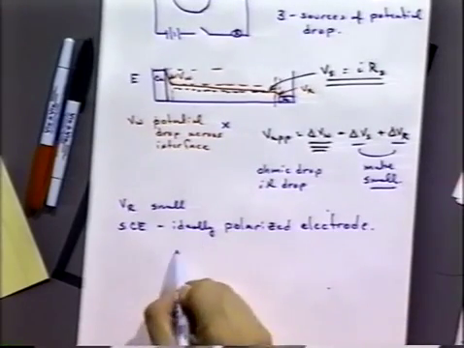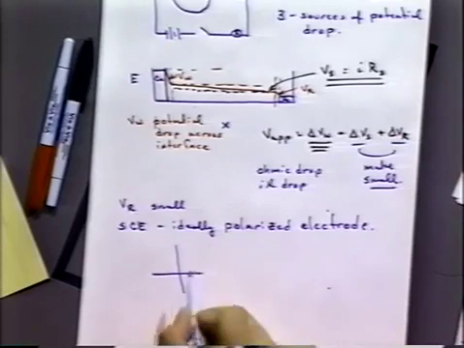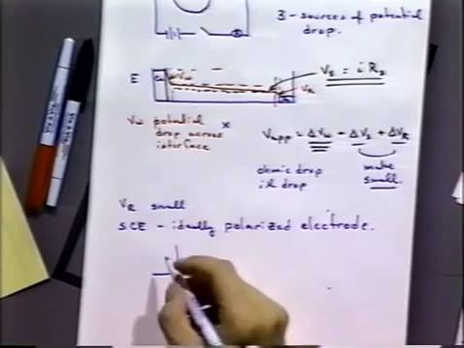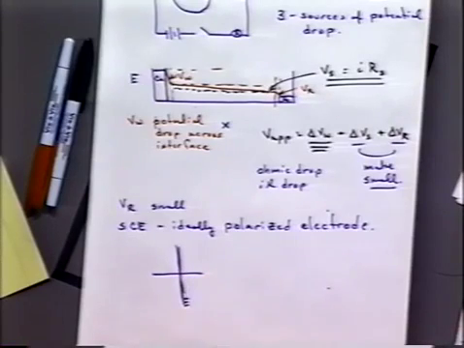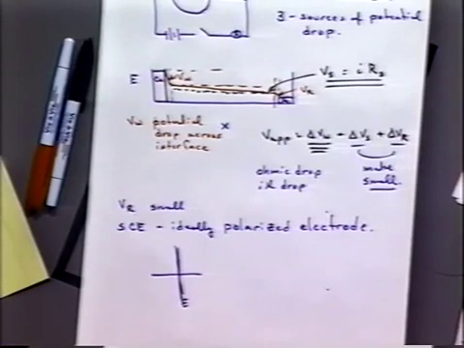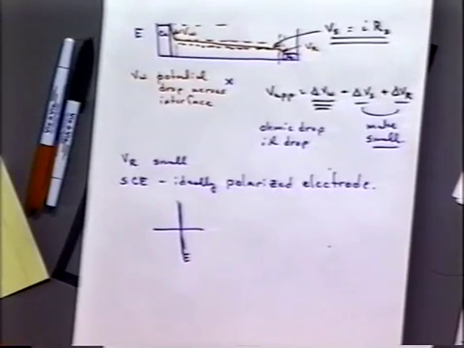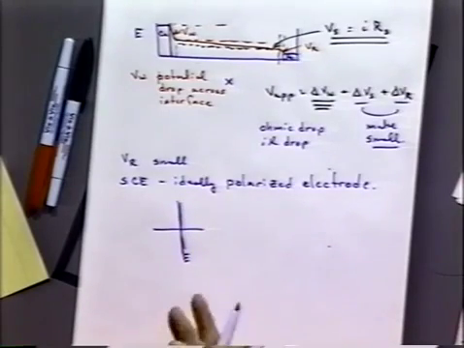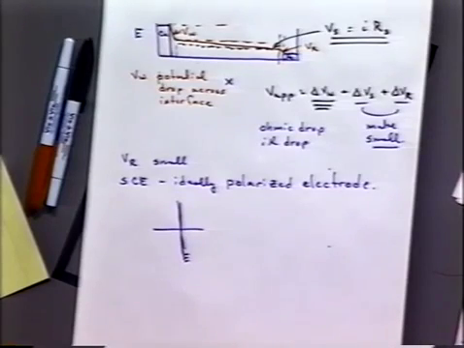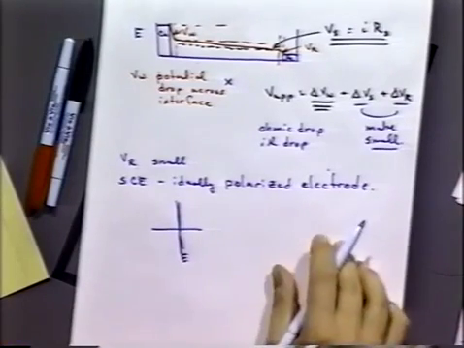Remember what that means is that we have an electrode that no matter what potential we try to apply, the current flows so much that we can never really polarize that electrode potential. Now that's not true. Every real electrode can be polarized eventually if you try to apply enough potential to it. But for most cases, if we make our SCE big, we can make our SCE a pretty good polarized electrode.